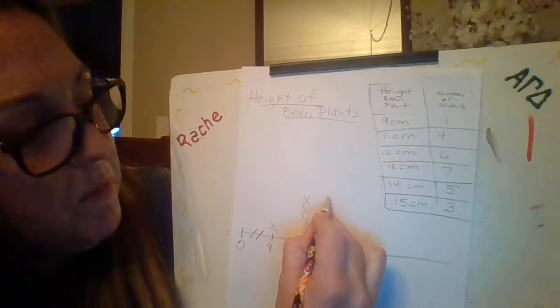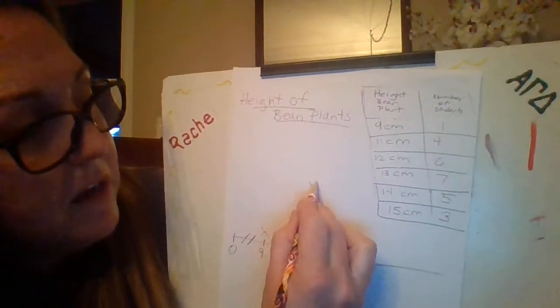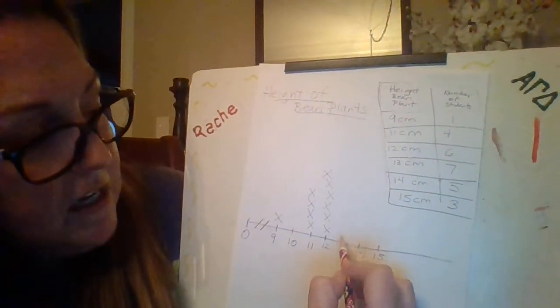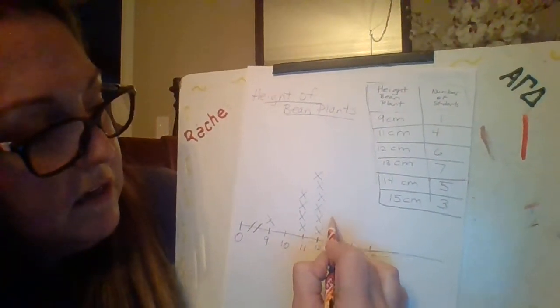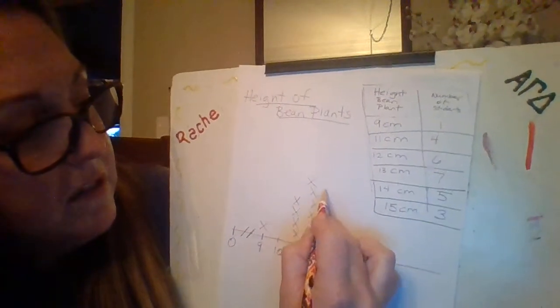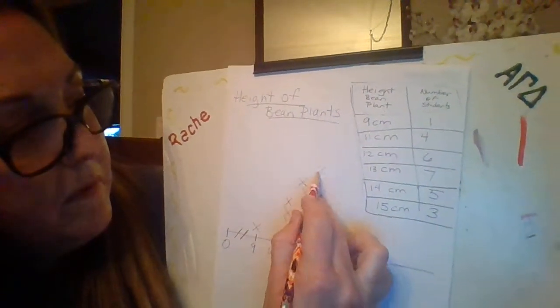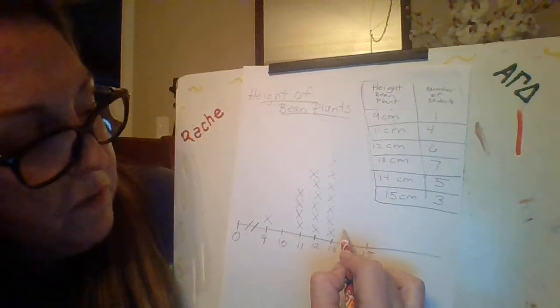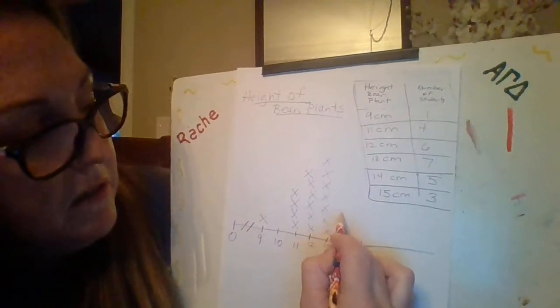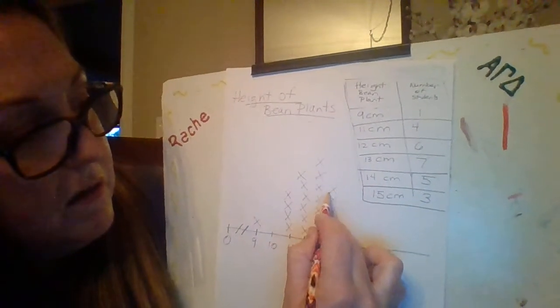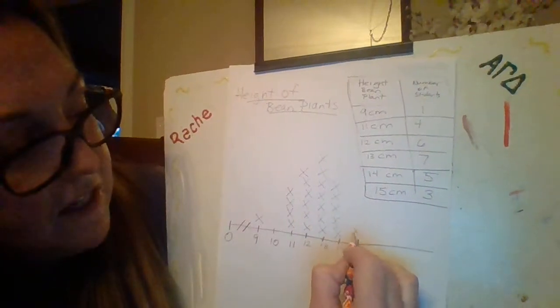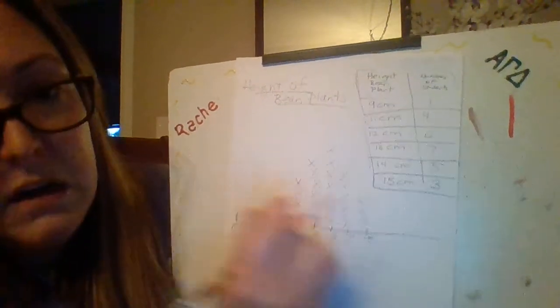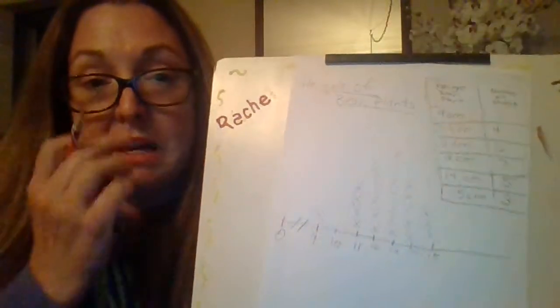And I'm just going to quickly put this data on so we can talk about it. 13, 7 kids had a 13 centimeter plant. 5 kids had a 14 centimeter plant. And 3 kids had a 15 centimeter plant. All right, so there would be our line plot then for this data.